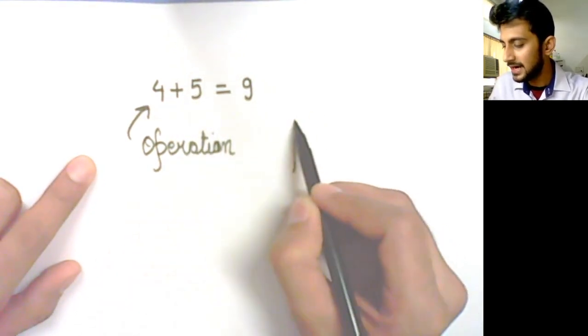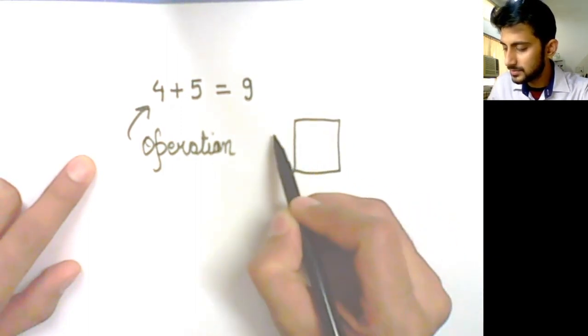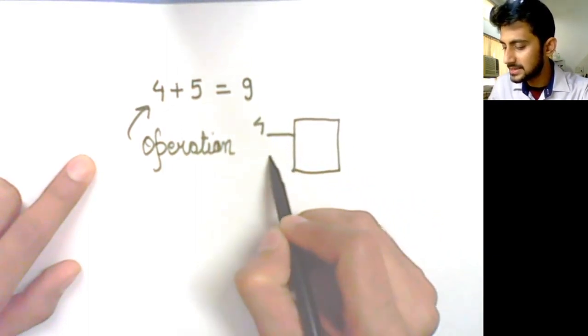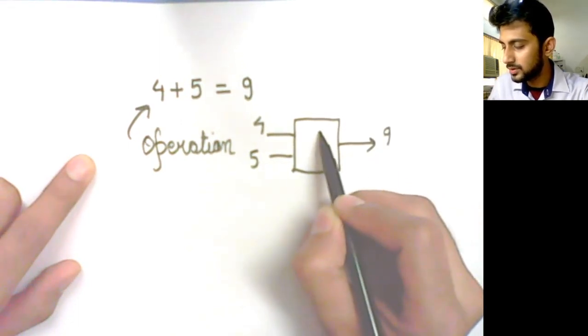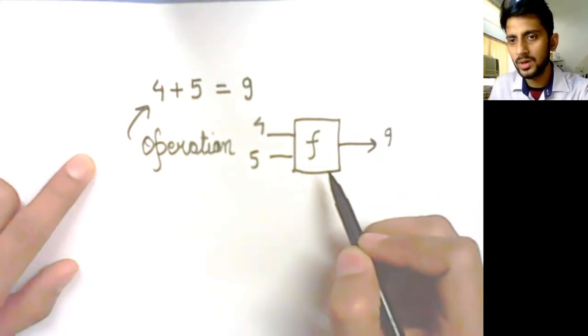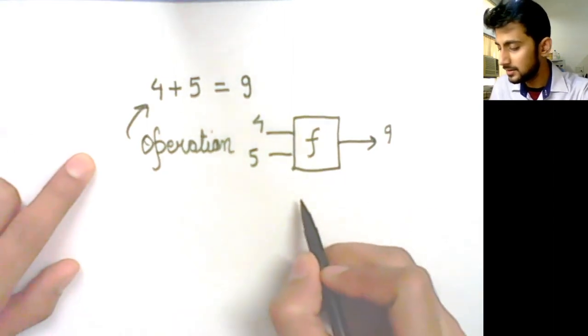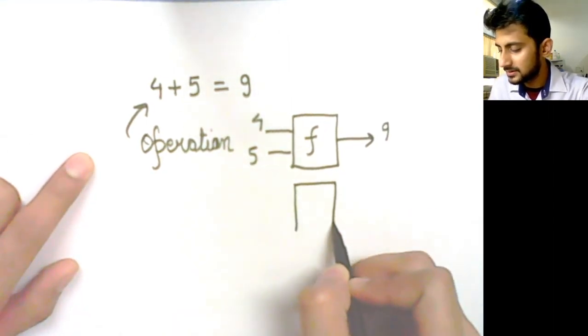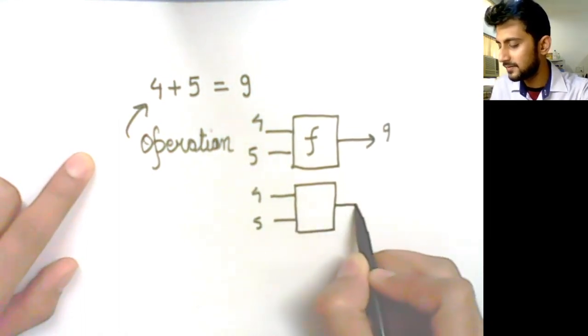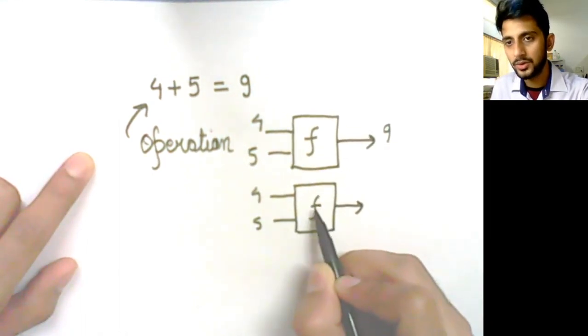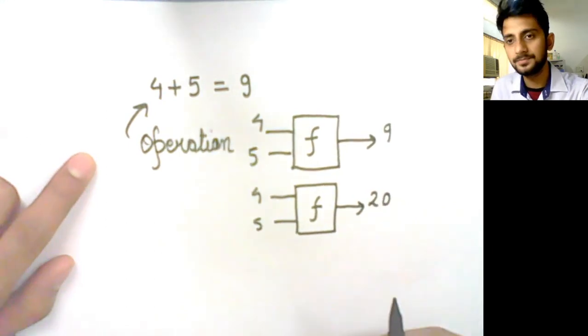So we had a system, we give 4 as input, 5 as input, and we are getting 9 as output. So there is some function, we don't know what this is. Similarly, we can have another operation in which when I give 4 and 5, some function, I don't know what that is, I can get answer 20.